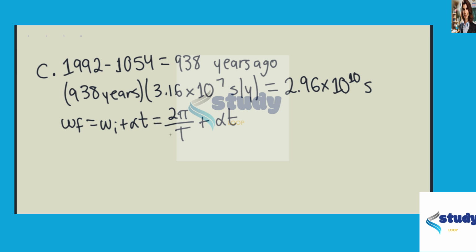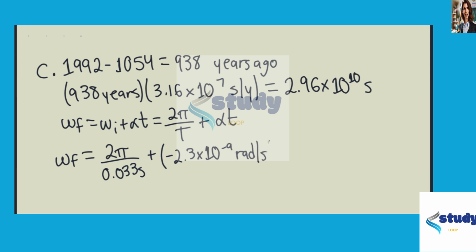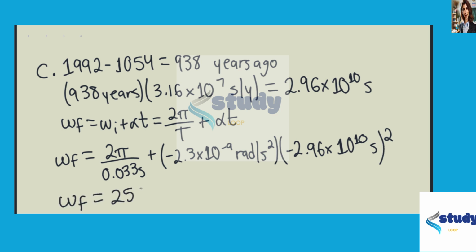And so we can say that essentially omega final would be equal to 2 pi over 0.033 seconds plus negative 2.3 times 10 to the negative 9th radians per second squared, multiplied by negative 2.96 times 10 to the 10th seconds, so we're plugging in that time, quantity squared, and omega final would then be equal to 258 radians per second. So that would be one answer for part C.